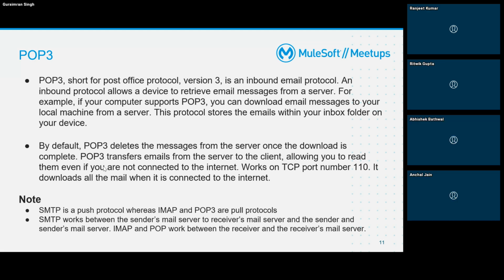Anyone can answer in chat also. Yes, you are audible. For POP3, you can say when it's a single device, you download first and then read the message, but in case of IMAP we can read partially.